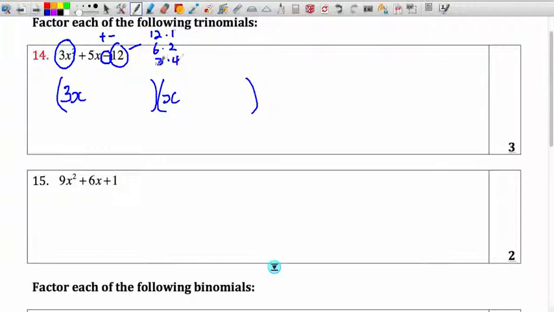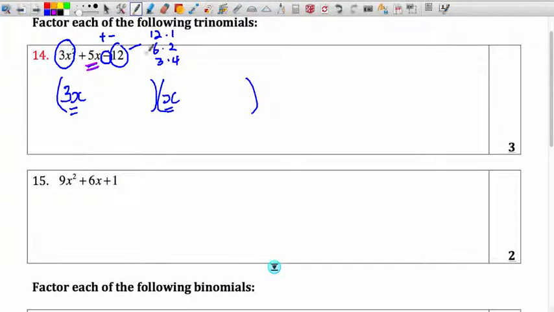And I have to look at which one of those are going to combine with 3x and x in order to be able to get me my middle term of 5x. So factors of the first and last in order to get the middle. Okay, so in this case, if I do 3 times 3 is 9, and 1 times 4 is 4, 9 and 4 can combine to give me 5.